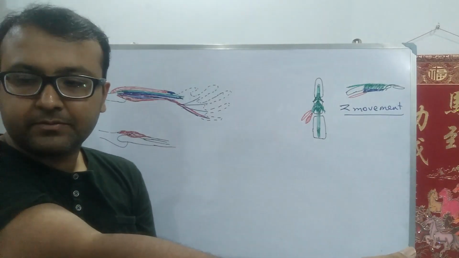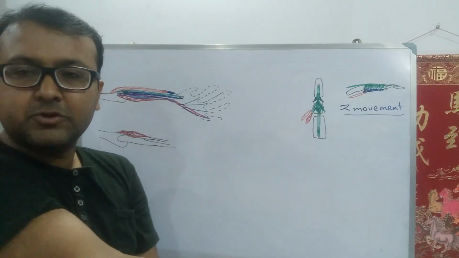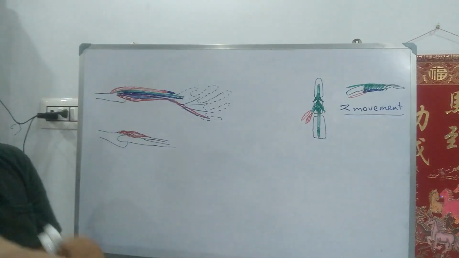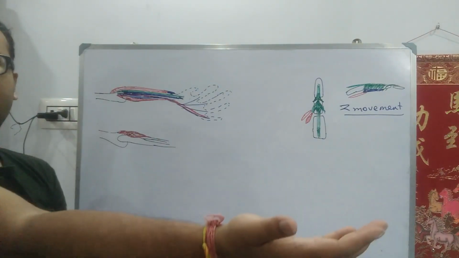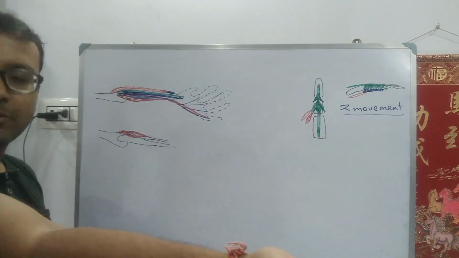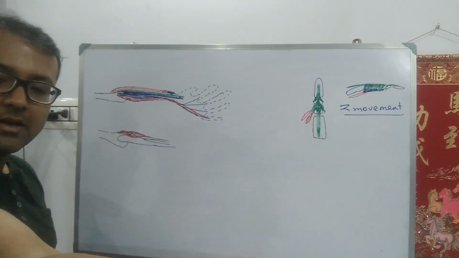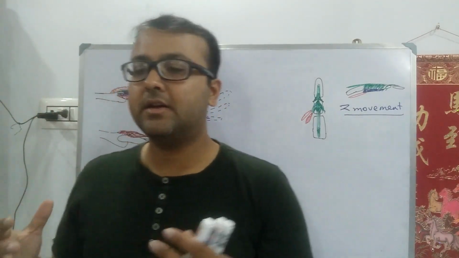Your hand becomes rotated. And you know what this position is called? When in your anatomical position, the anterior part comes up, this is called the supine position. Correct. So this muscle's job is to make your hand supine.